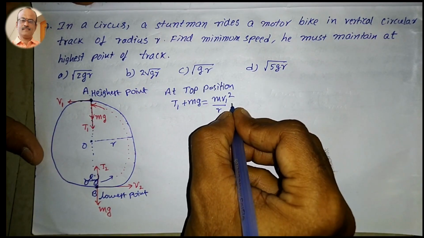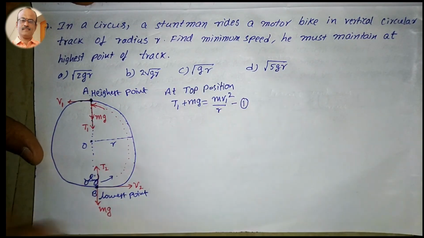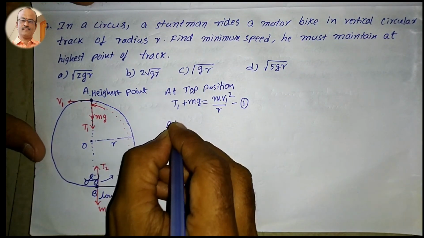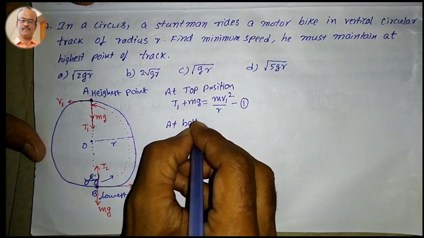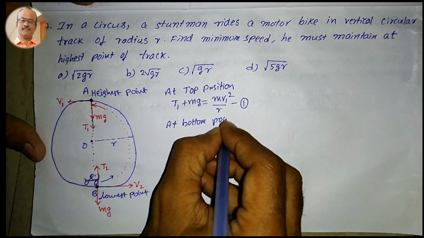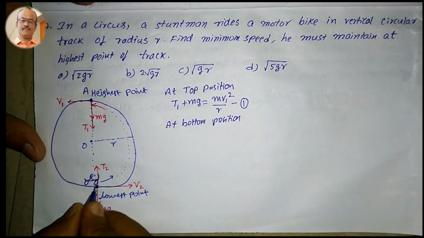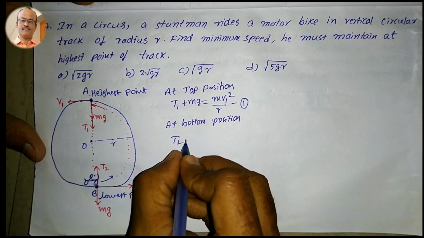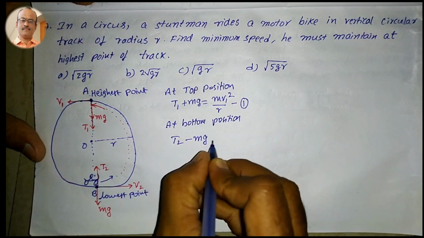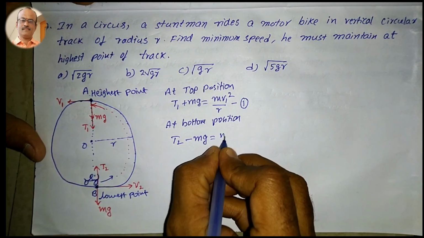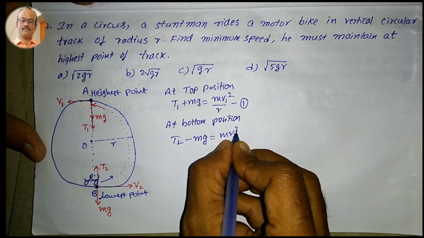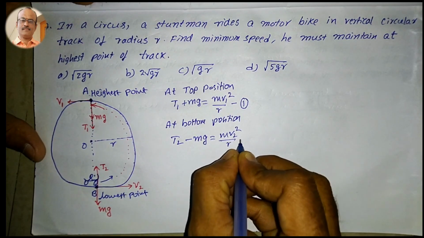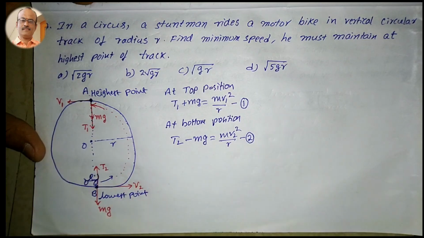This is equation number 1. Then at the bottom position, that means the lowest position, T2 acting upward minus mg is equal to m v2 square divided by r. This is the second equation.